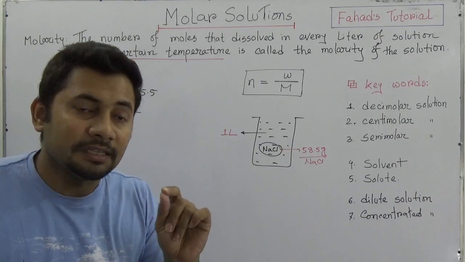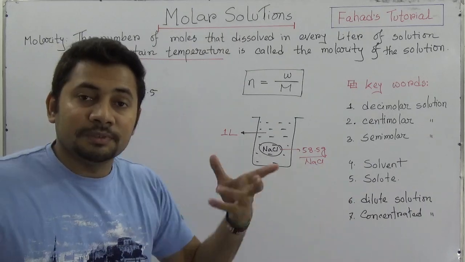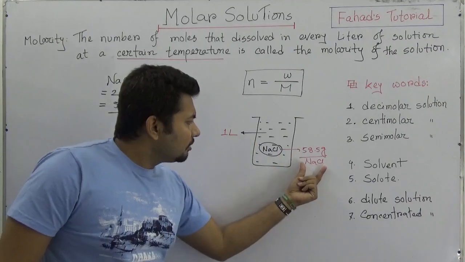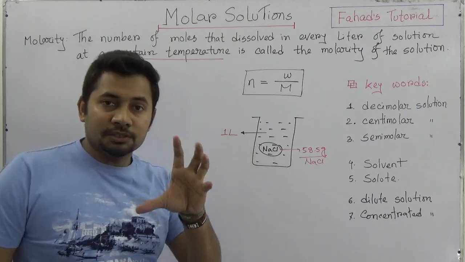What does it mean? As we know the molecular mass of sodium chloride is 58.5, so 1 mole of sodium chloride is dissolved and it creates a 1 liter solution.